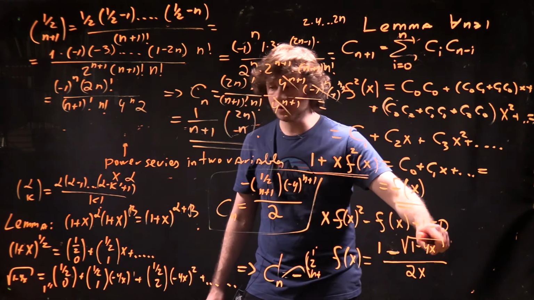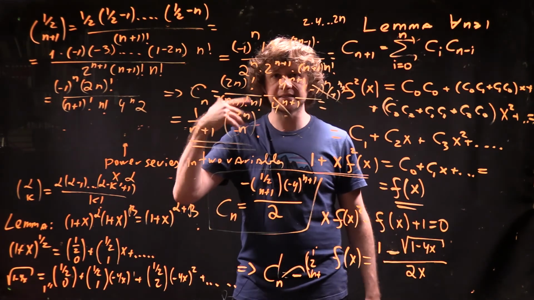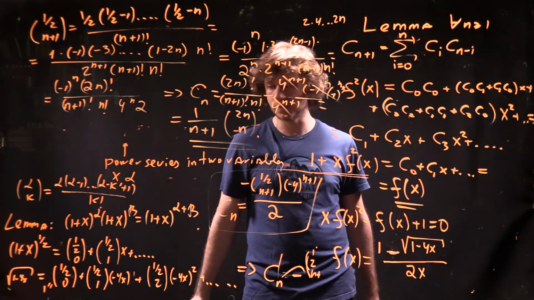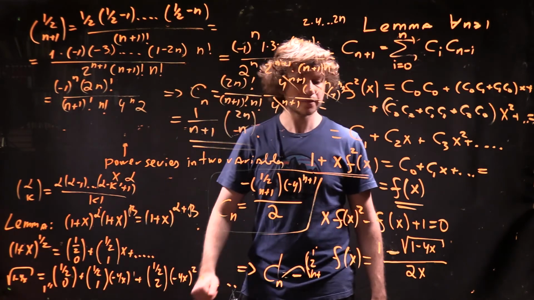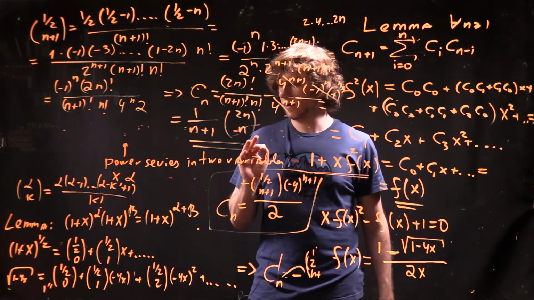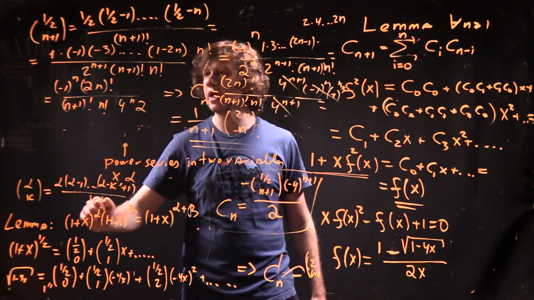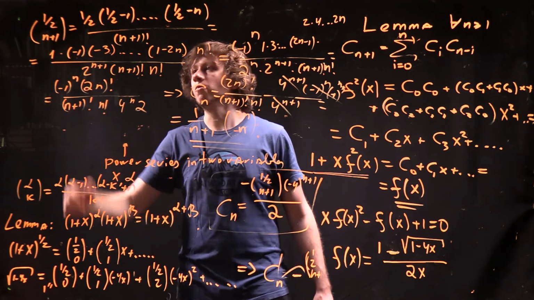And for this we used the power series for the square root of 1 minus 4x, which again I understand is a power series whose square is 1 minus 4x and which starts with 1. And then here is this power series. And then we just computed what these binomial coefficients 1/2 choose k equal to. And the answer is that there is a beautiful formula which you can actually remember.